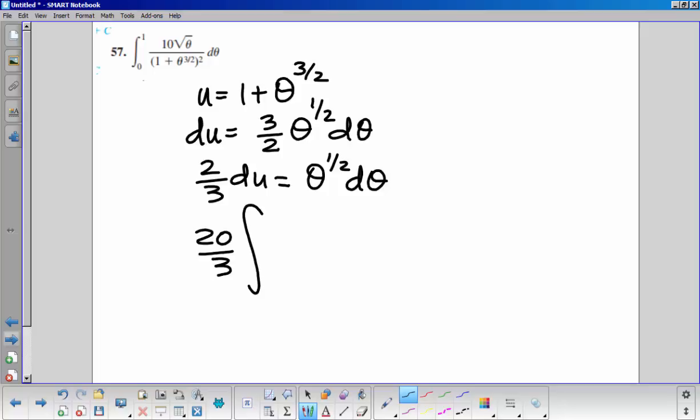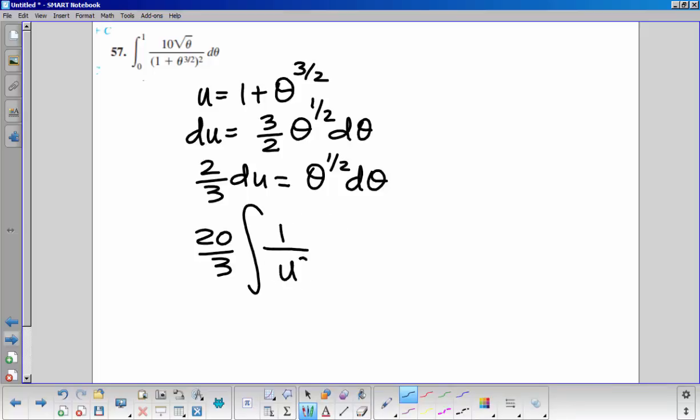Times the integral. Now I'm in terms of u, so I'm going to leave the limits of integration off. Then we're going to get 1 over u squared, which is u to the minus 2. Can you make that leap with me? I'll do it in 2 steps.